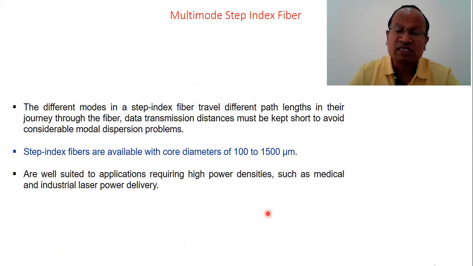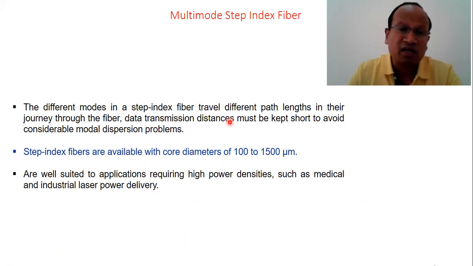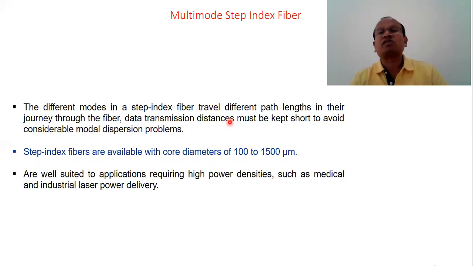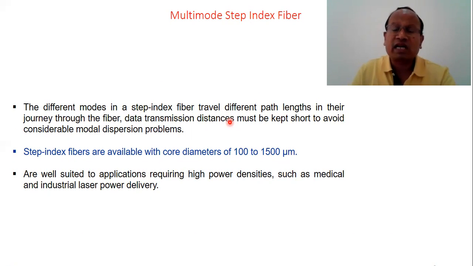Then comes multimode step index fiber. There are different modes in step index fiber that travel different path lengths in their journey through the fiber. The data transfer distances must be kept small to avoid considerable modal dispersion, because all the paths do not travel in the same time.